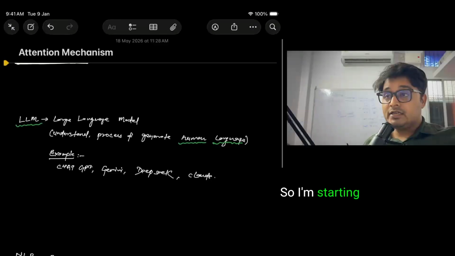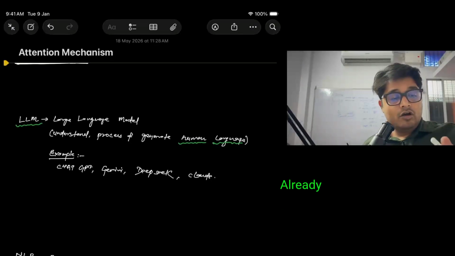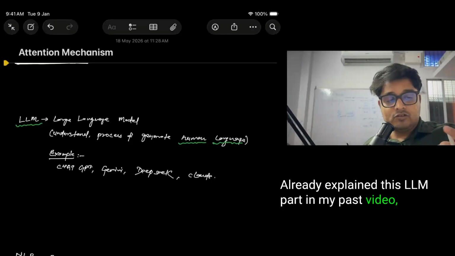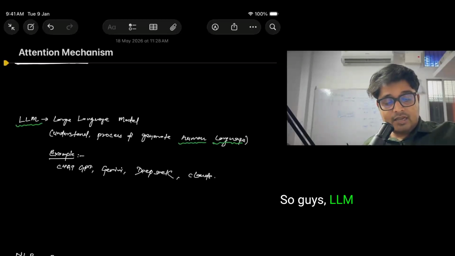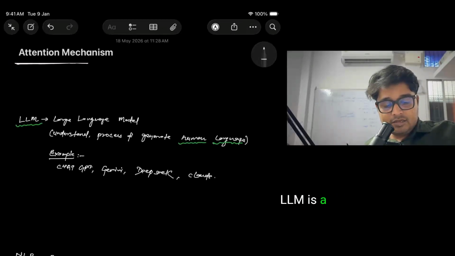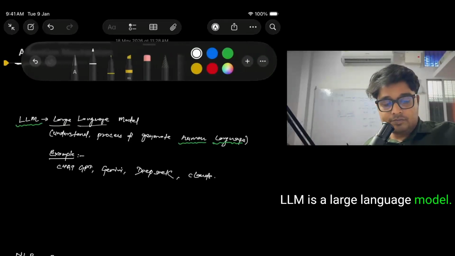I'm starting this section with the LLM. I already explained this LLM part in my past video, but I'm going to give you a short intro. So guys, what is LLM? LLM is a large language model.